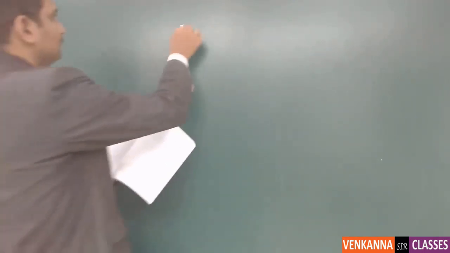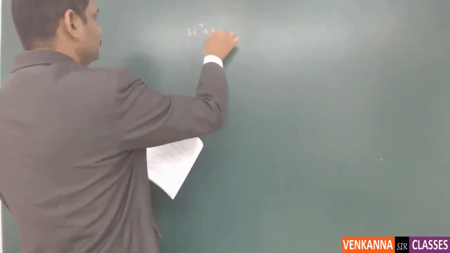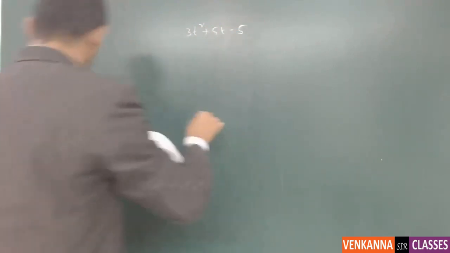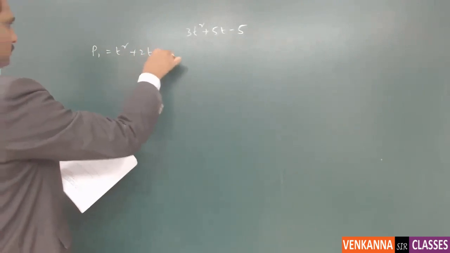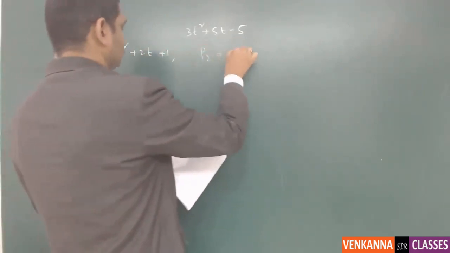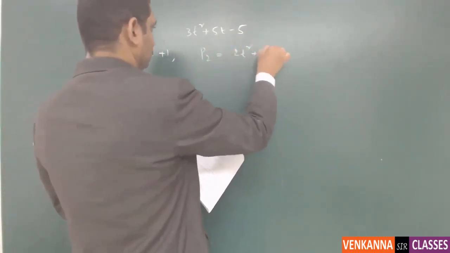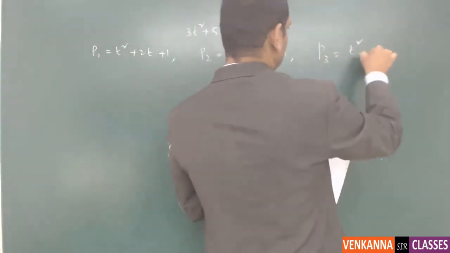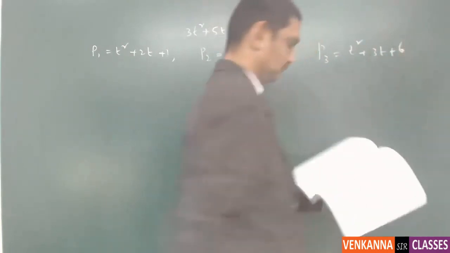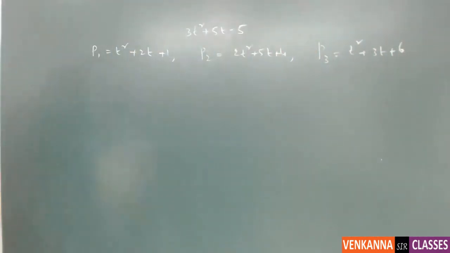Now let us take the problem. Here I took a polynomial 3t square plus 5t minus 5.